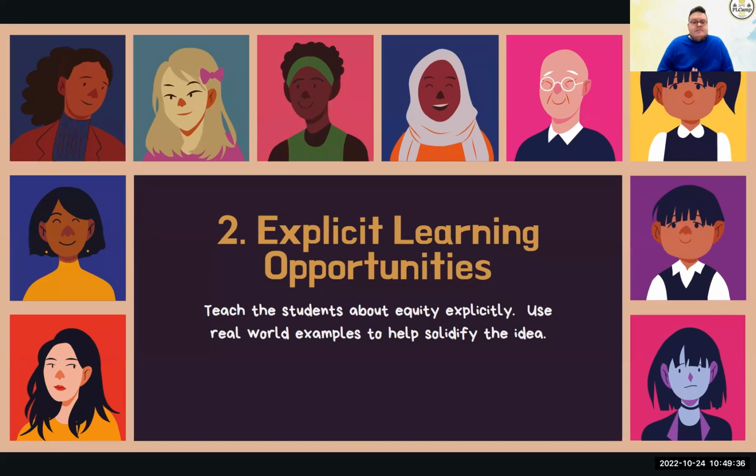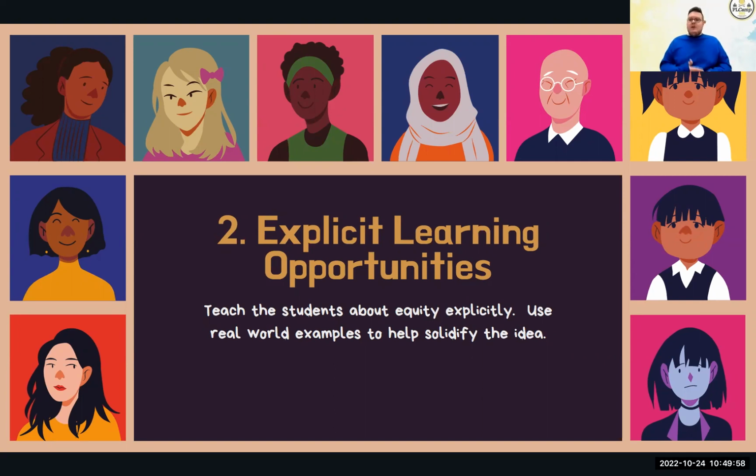The second point, make sure you use explicit learning opportunities. With students of this age group, with big overarching topics like this, a lot of times it can get kind of wound into other things.